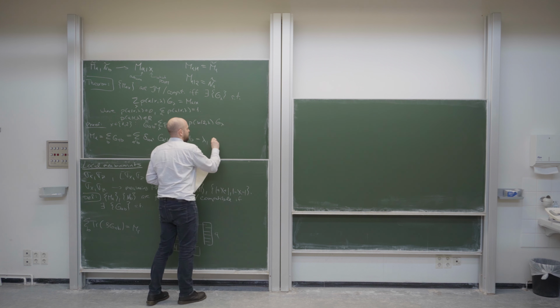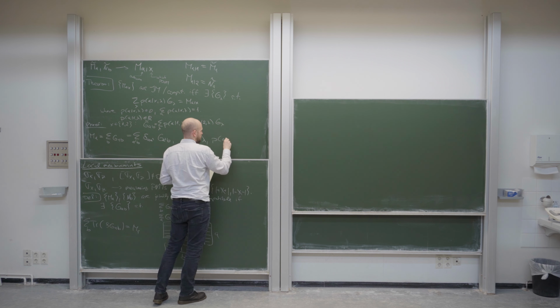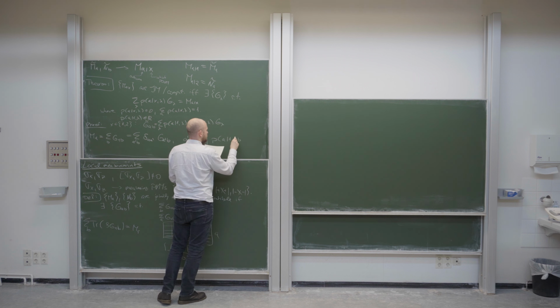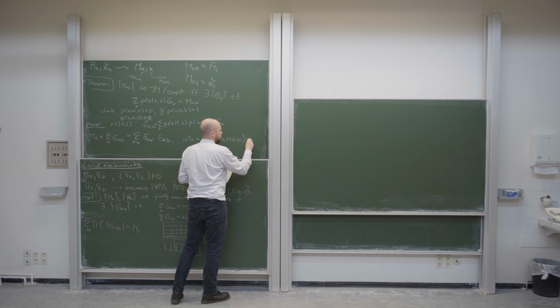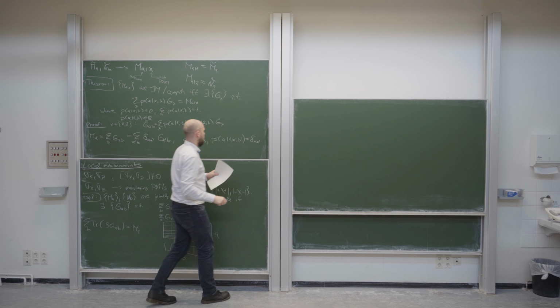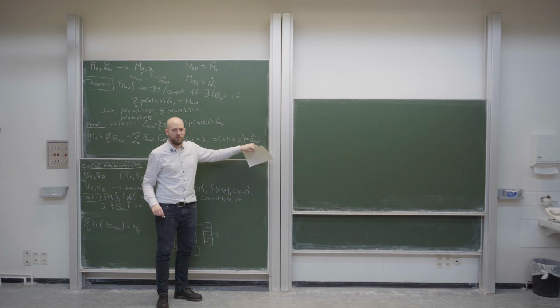And this P of A given 1, A prime B, now this is the lambda, is just equal to this delta. And you can verify that this has the requested properties.